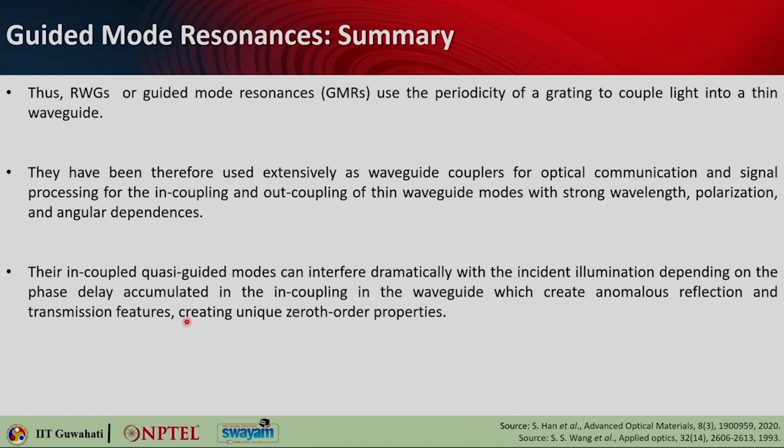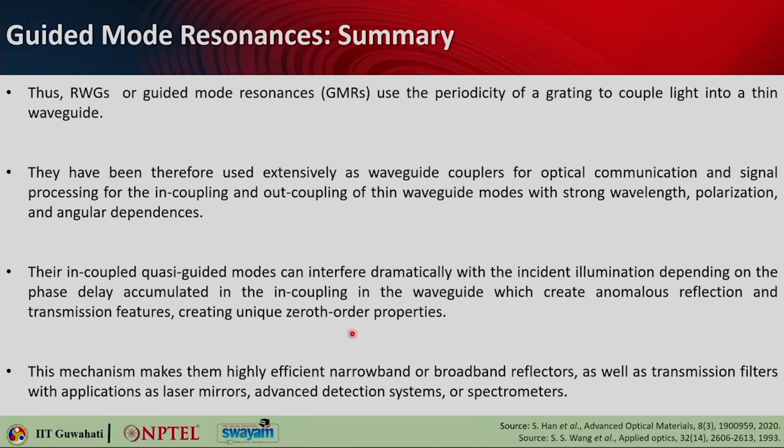Their in-coupled quasi-guided mode can interfere dramatically with the incident illumination depending on the phase delay that is accumulated in the in-coupling of the waveguide, which can create anomalous reflection or transmission features, creating unique zeroth order properties. So, you can actually get those very sharp reflection or transmission peaks or dips.